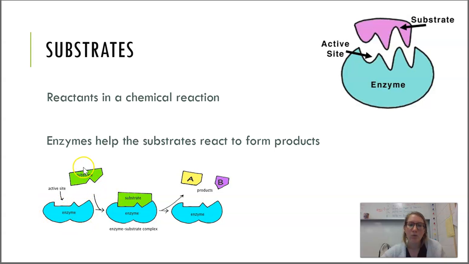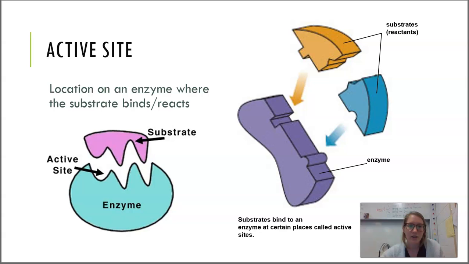The substrate is basically the reactant. So we say substrate also means reactant. It's a landing site for these chemicals to land on and then break apart or form new bonds. It's a location on an enzyme where the substrate binds and reacts.